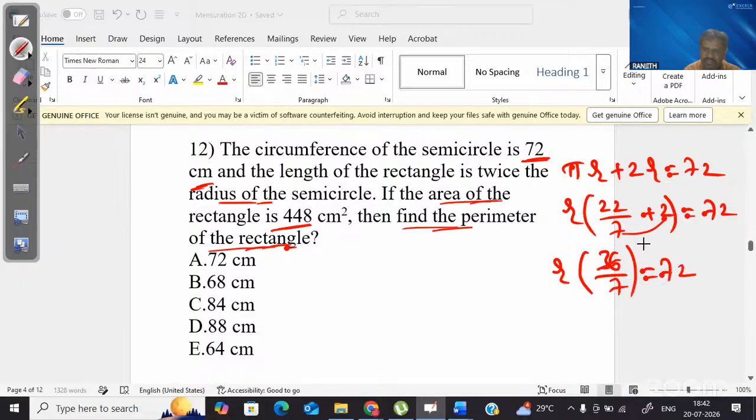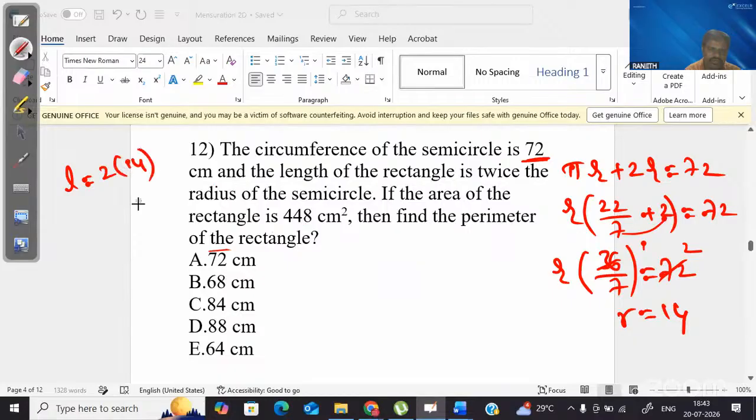So 7 2s are 14, where r into 14 plus 22 equal to 36 by 7 is equal to 72. So 36 ones are 36, 36 twos are 72, where r equal to 14, and what is given, length of rectangle is twice the radius of semicircle. So length of rectangle will be equal to twice the radius of circle, 2 into 14 will be equal to 28. What is the area of rectangle?